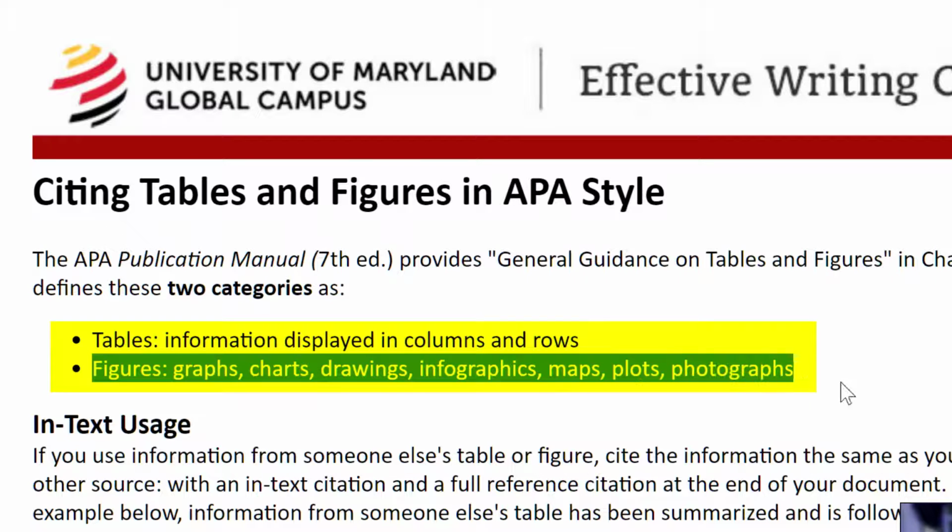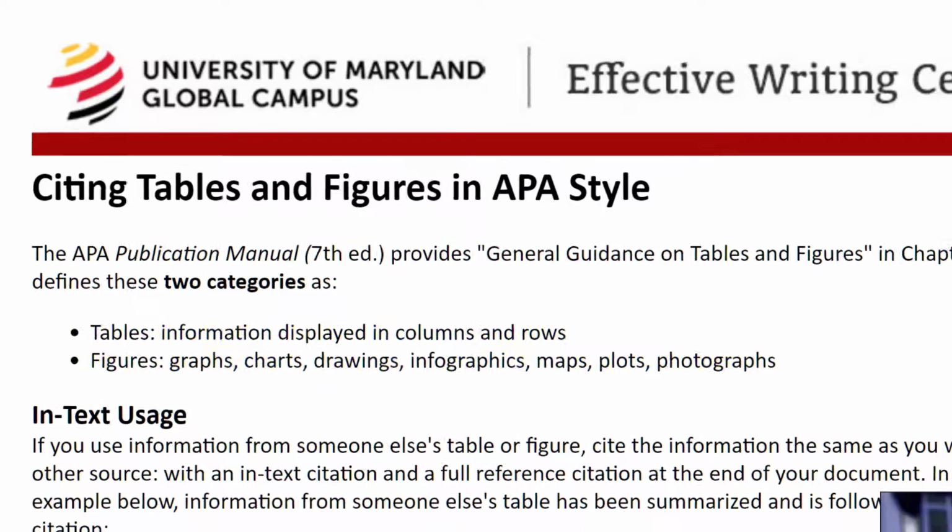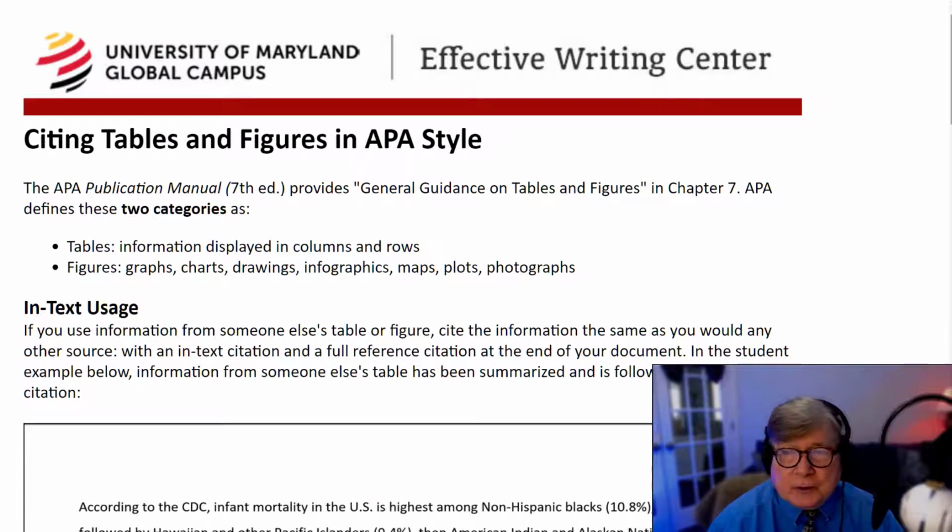And figures basically includes everything but tables, everything but information that is displayed in columns and rows. And that includes graphs, most popular, charts, drawings, infographics, maps, plots, photographs, anything else is what is categorized in APA as a figure.